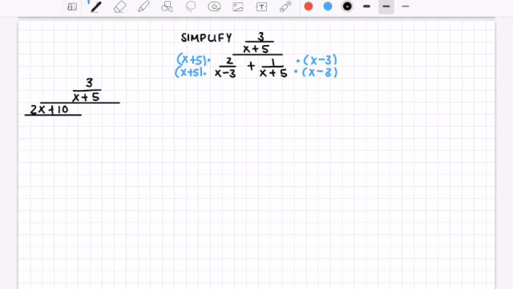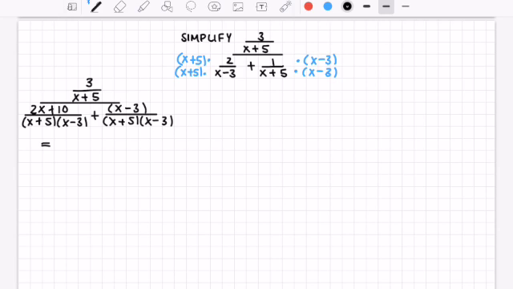Then we have our new denominator, x plus 5 times x minus 3, adding with 1 times x minus 3, which is just going to be x minus 3 over x plus 5 times x minus 3.